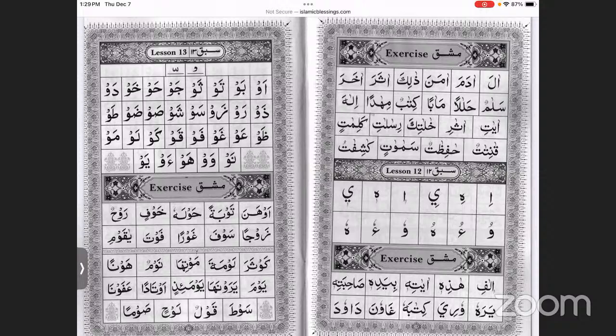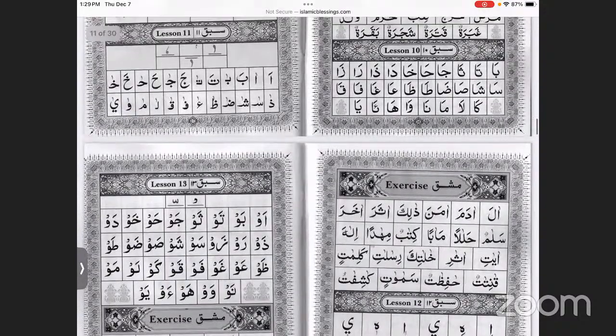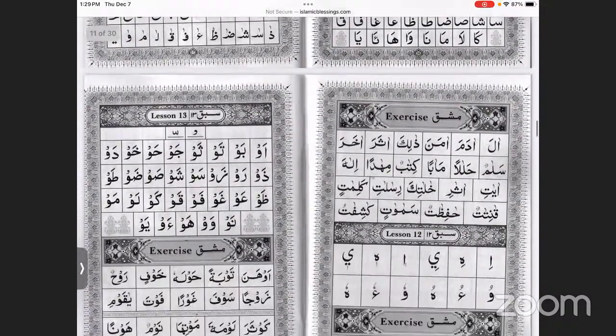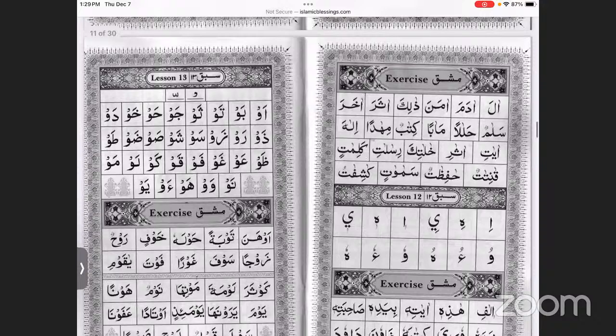Zalika, zalik. Asara, asar. Akhara, akhar. So that's your lesson for today: the last of page number 17 and the first line of page number 18. Okay, thank you.